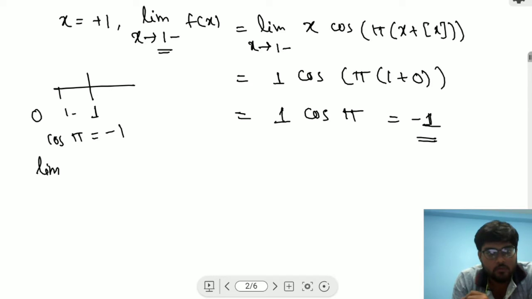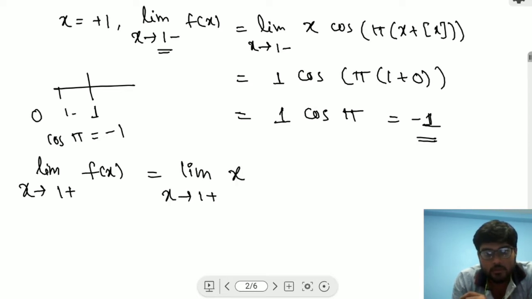Again the value limit x tends to 1 plus f(x) is equal to limit x tends to 1 plus x cos pi into x plus box x.